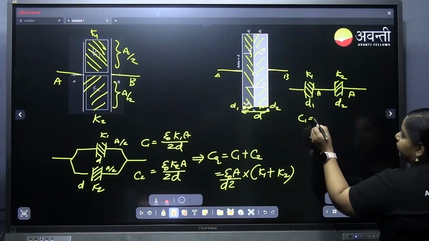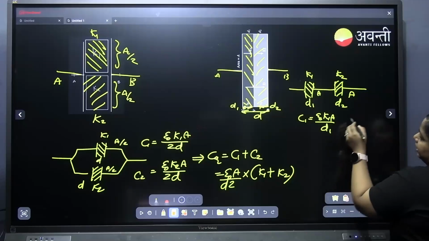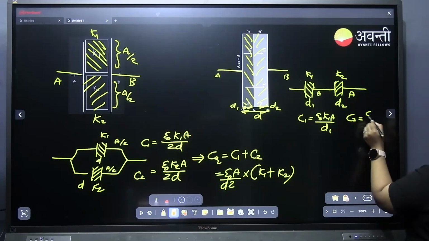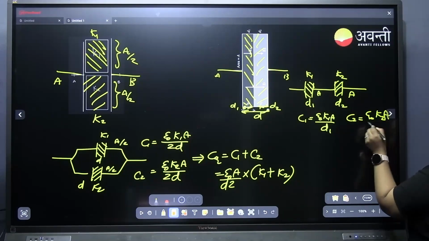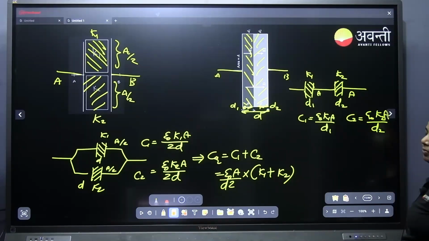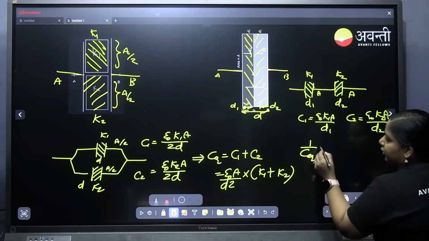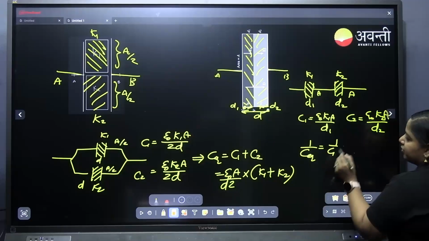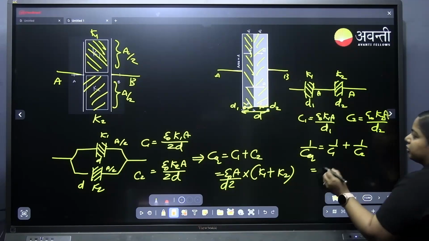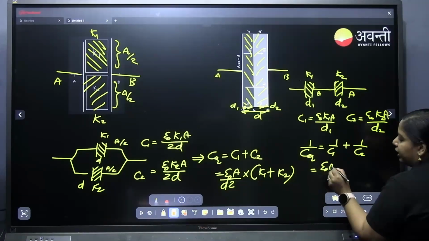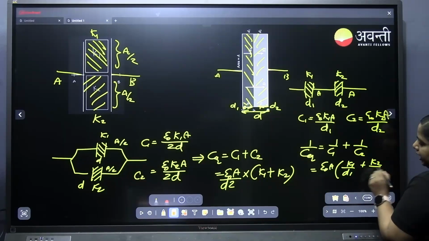C1 will be equal to epsilon naught K1 A by D1. C2 will be equal to epsilon naught K2 A by D2. Since it is a series connection, 1 by C equivalent will be equal to 1 by C1 plus 1 by C2. Further, after substitution, we can say that 1 by C equivalent equals (1 by epsilon naught A) into (D1 by K1 plus D2 by K2).